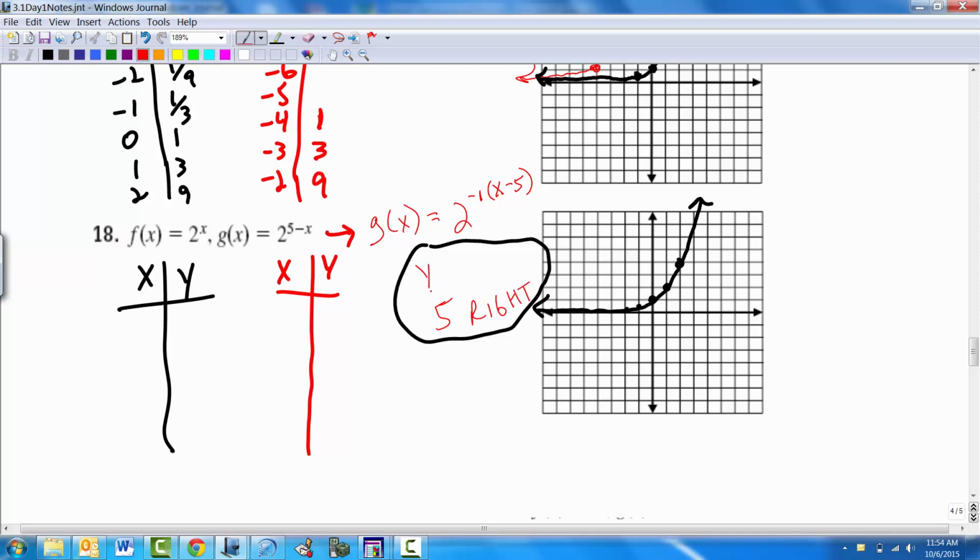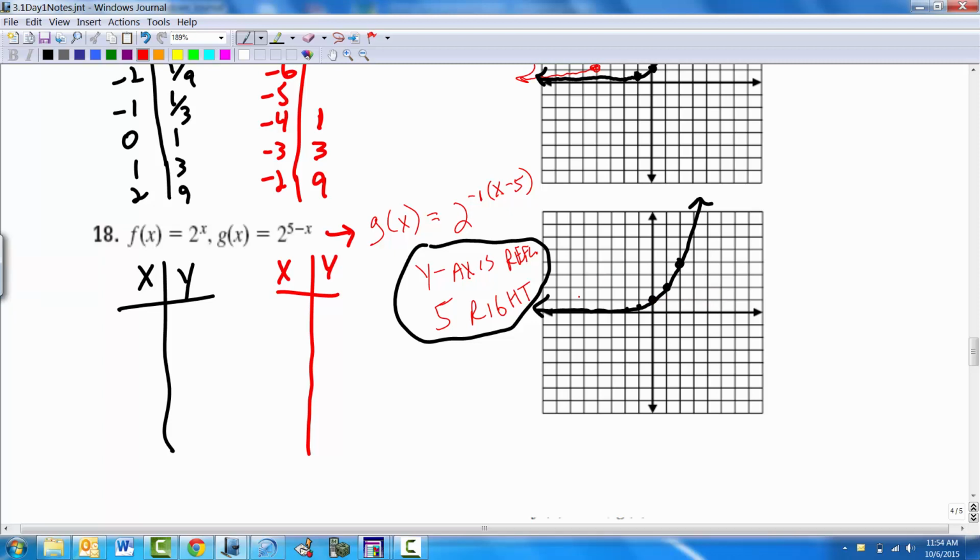So, y-axis reflection. Which one do you do first? The 5 right or the y-axis reflection? The rule is always blanks first. Always blanks first. Reflections. Watch what happens when I move 5 right: 1, 2, 3, 4, 5.